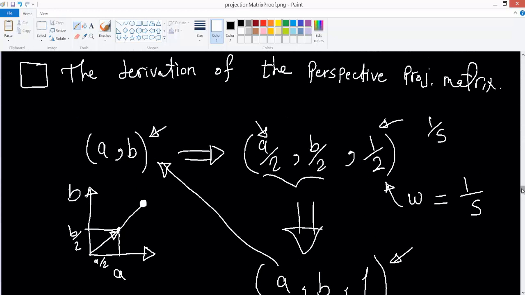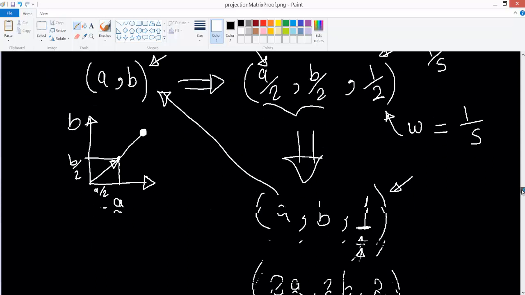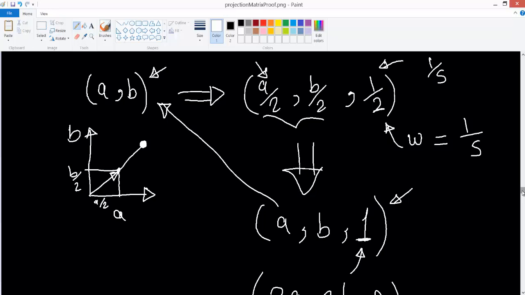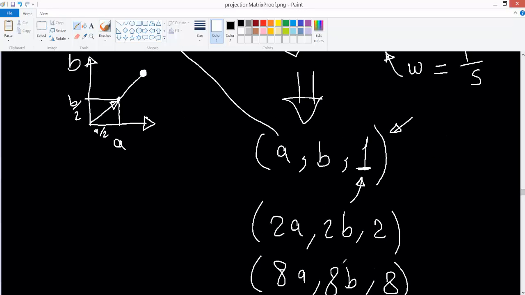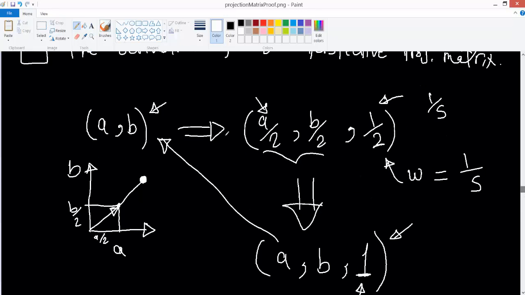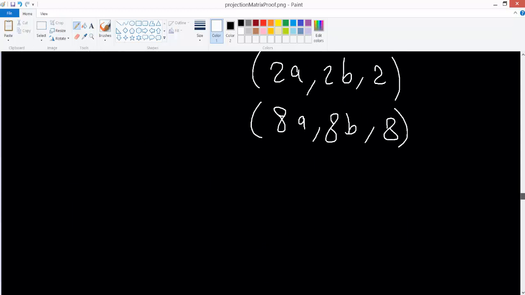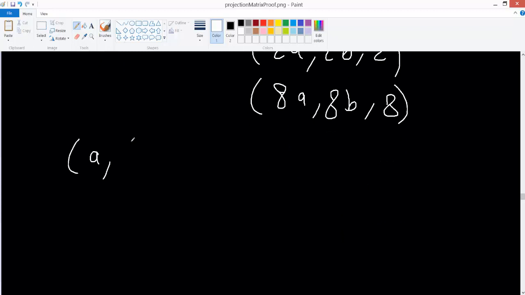Actually, that's why they are called homogeneous coordinates, because homogeneous has a meaning of same or of similar or something like this, because all these points correspond to the same 2D point in the actual 2D space. The same applies if we have points in 3D like A, B, C. This is a point in our usual 3D space.